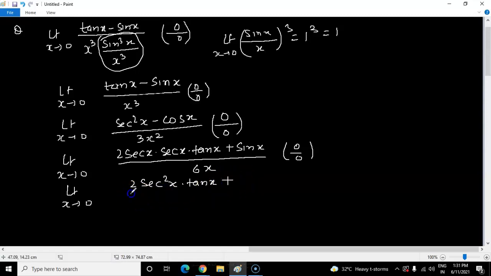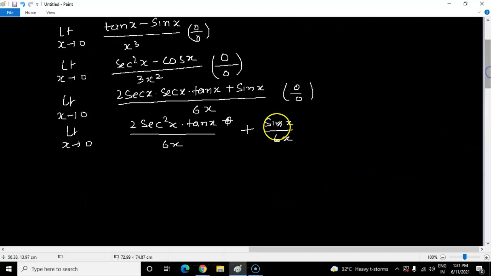Plus, this one you can divide by 6x, and this one you write plus sin of x by 6x. Right? Yes, sir. Correct. So now you know that tan x by x is what? 1 here. Yes, sir. So only left will be 2 secant square of x by 6.